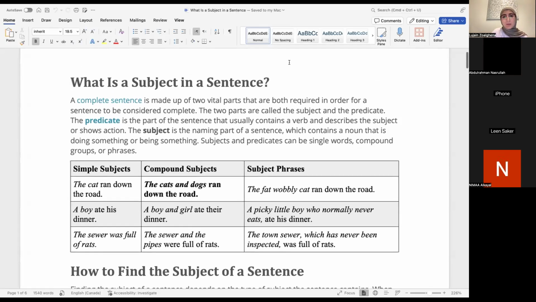Who can tell me what is the meaning of a subject, or what is a subject in a sentence? It's the topic that something is talking about. What is the meaning of the subject in a sentence?